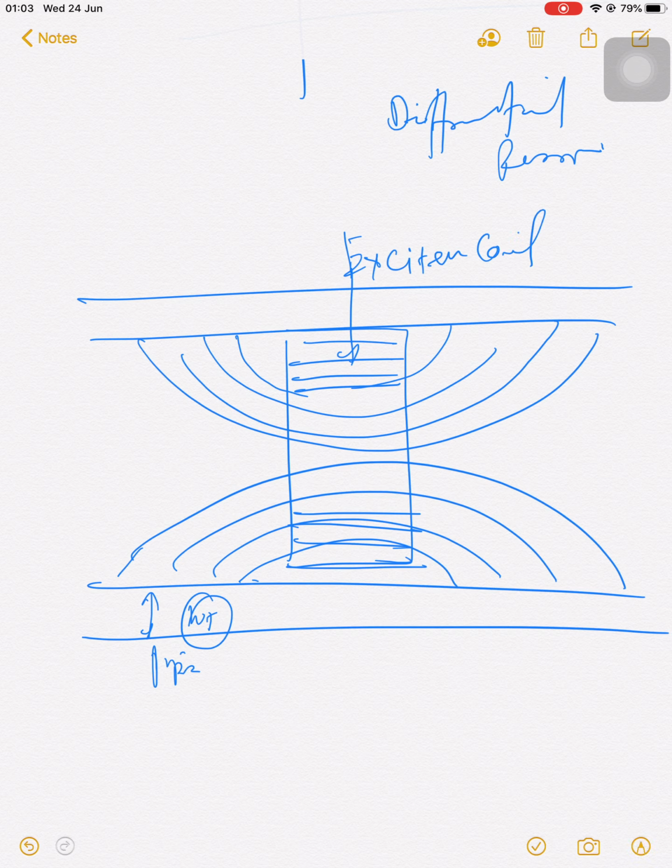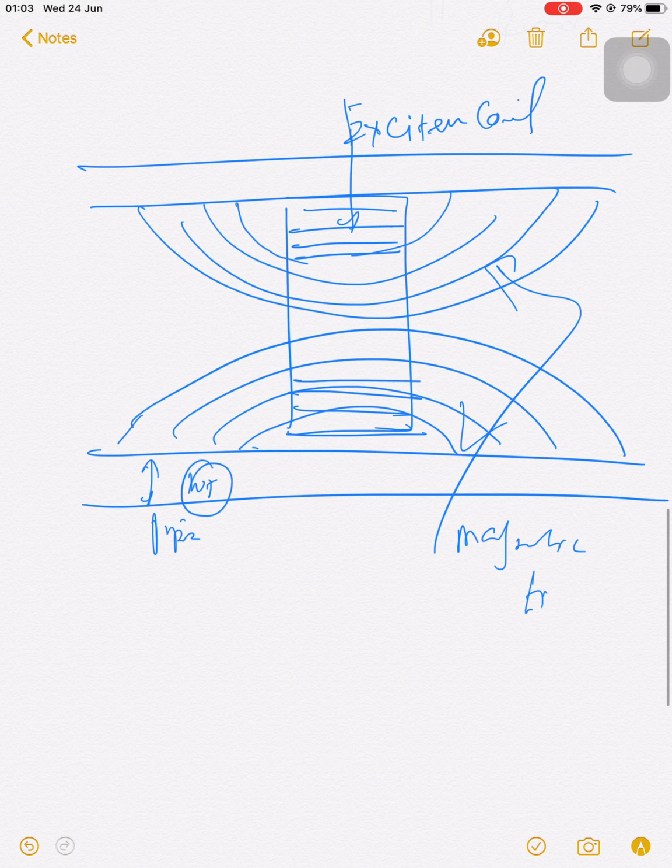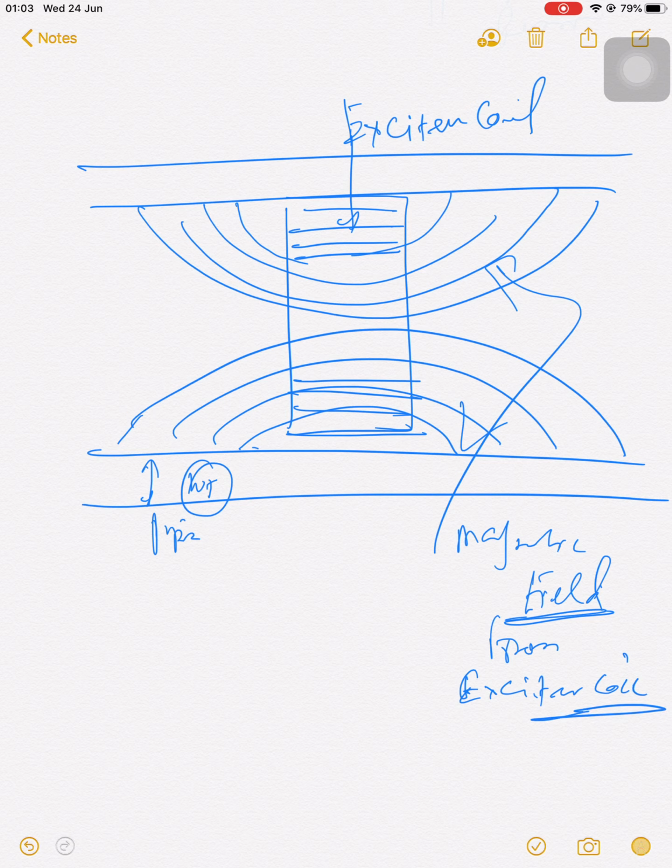This is the magnetic field, generated from the exciter coil. From the exciter coil, the probe is pulled through the tube. As the probe is pulled, the magnetic field of the exciter coil creates eddy current in the tube.